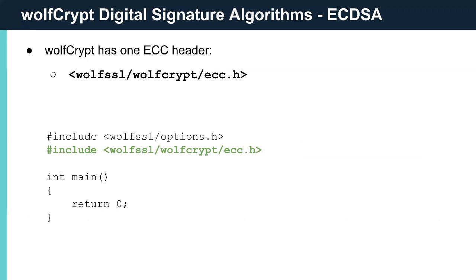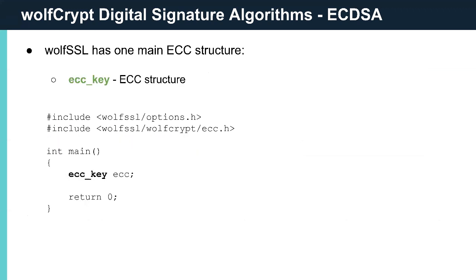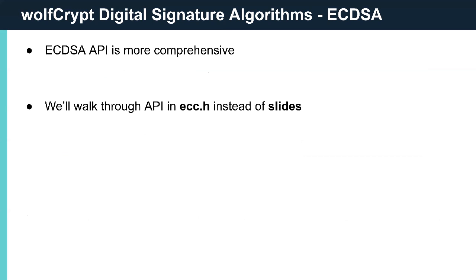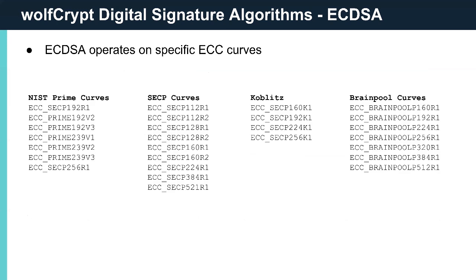Usage from an application, you'll include ECC.h. And we have one structure, which is a little bit different from the previous ones, with an underscore in it, ecc_key. And we can look at the ECDSA API as well in ECC.h. Along with ECC, you're going to be specifying a specific curve that you're going to operate on.